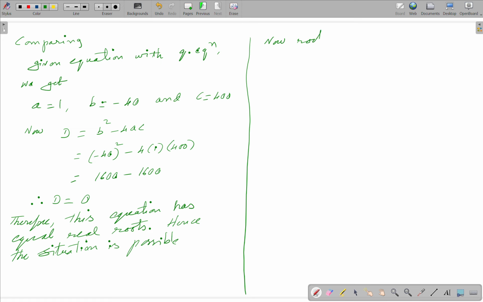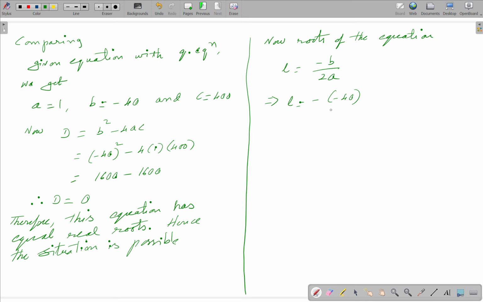Now the roots of the equation: L is equal to minus B by 2A. This is according to the theory.